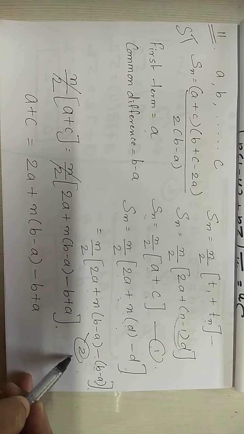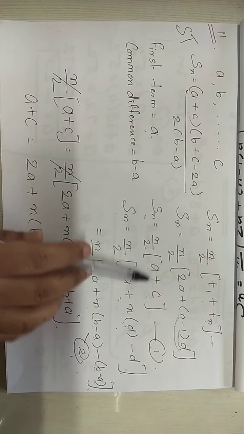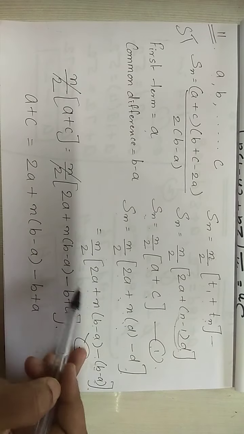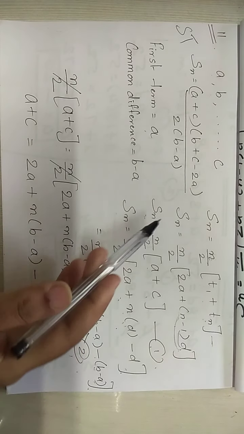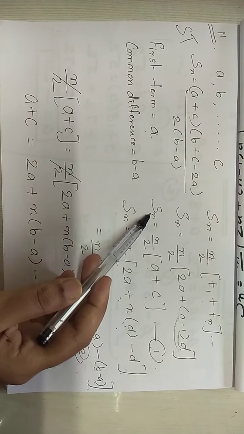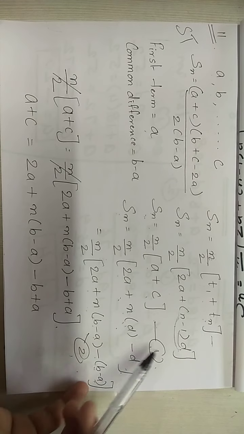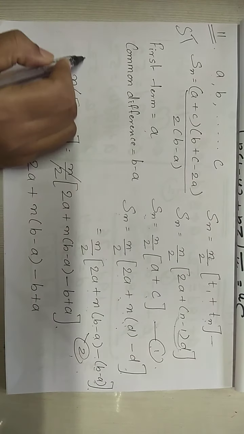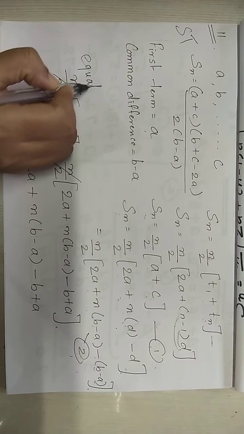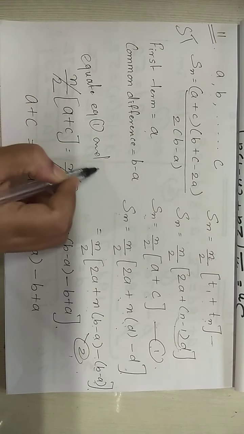So this is equation number 2. This is also Sn, and that one is also Sn, both are Sn, so we can equate them. If the LHS is the same, then the RHS also should be the same. So we will equate equation 1 and 2.